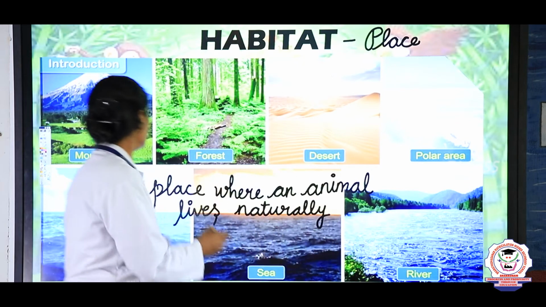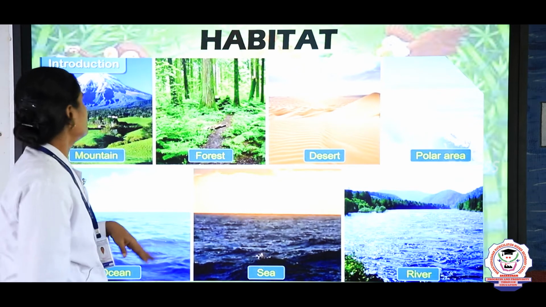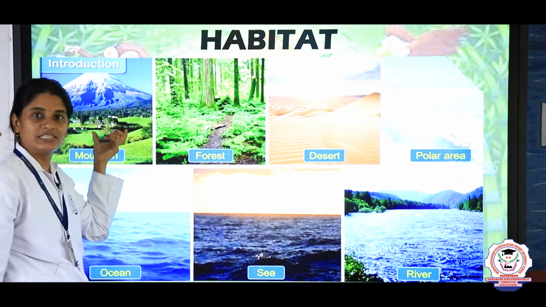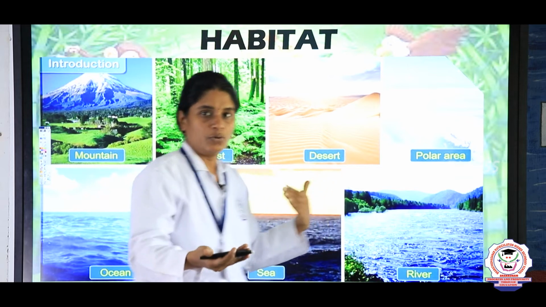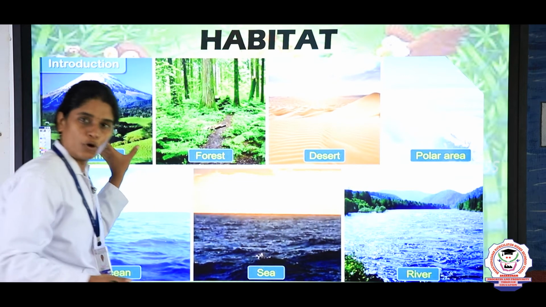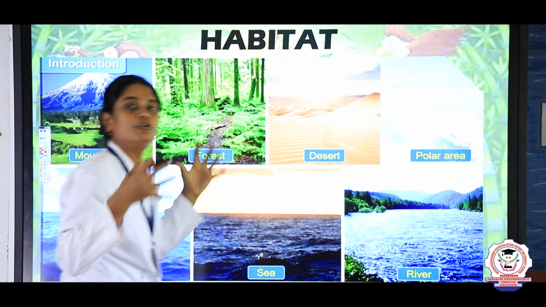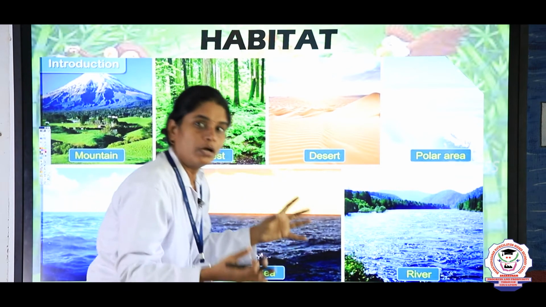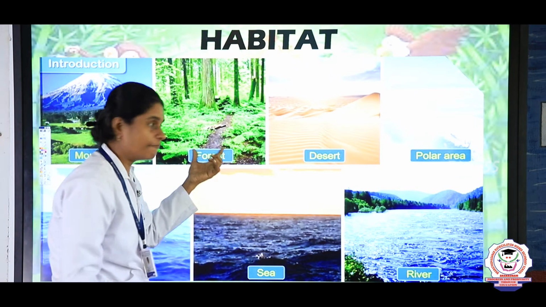So, first we are going to see the types of habitat. The first one, mountains. The place where we can see many mountains is called a mountain range, and a place full of trees and plants is called a forest, right.